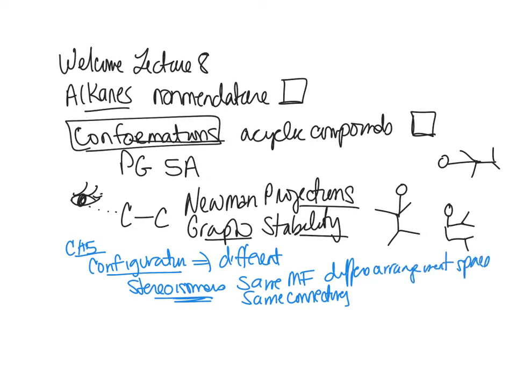Okay, so we'll learn about configurations, but right now we're talking about conformations. So conformations are the same compounds, but they are in different positions. All right, so you're responsible to read your textbook and to work through the slides. We're going to go ahead and start on the POGIL activity.